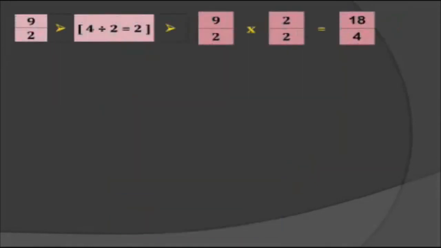Then 9 by 2. Again the denominator is 2, so we divide the LCM by the denominator. 4 divided by 2 is equal to 2, right? And now we will multiply 9 by 2 by 2 by 2. So 9 twos are 18 and 2 twos are 4.